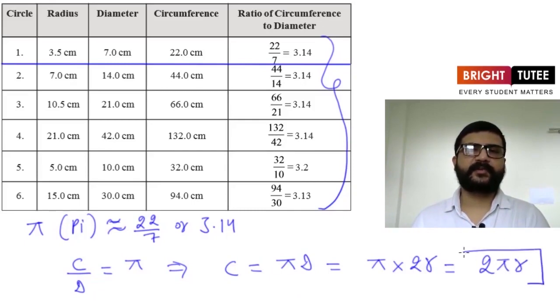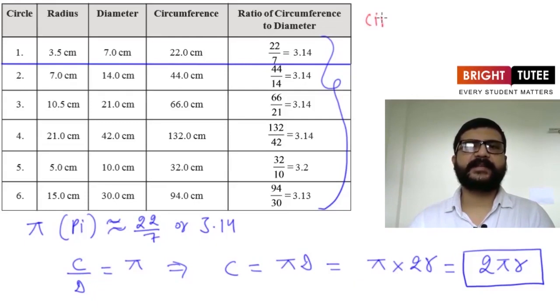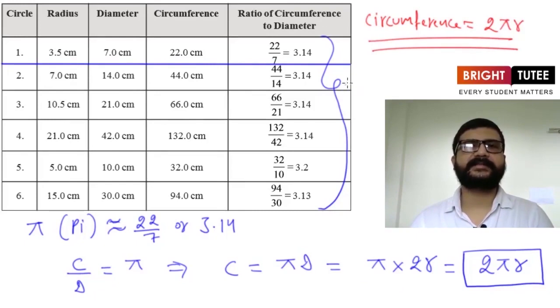So this is the formula for finding circumference of a circle. So we have seen that if radius is r, then circumference of the circle will be equal to 2 pi r. By using this formula, we can find circumference of a circle.